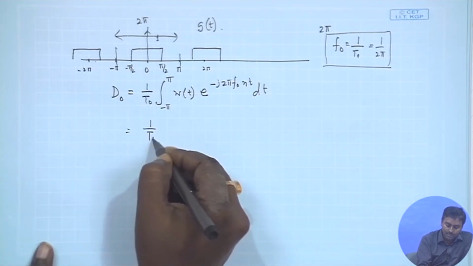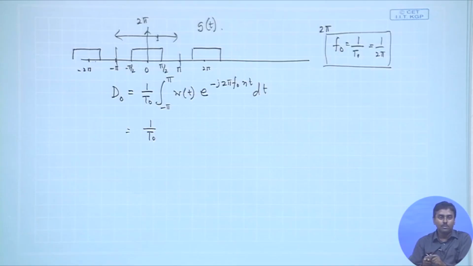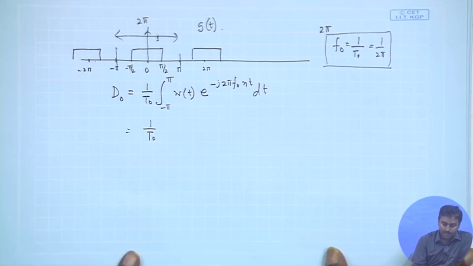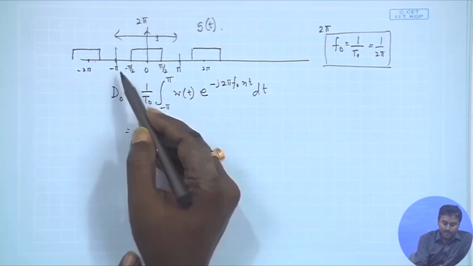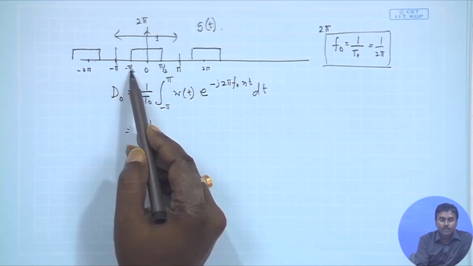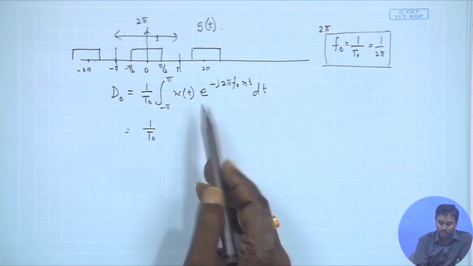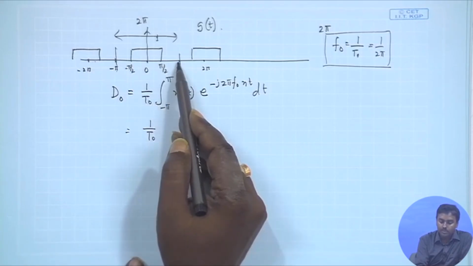Now evaluate this integration. All we have to do is evaluate this, meaning we are actually trying to evaluate the Fourier series. So if you evaluate this integration, what do we get? See, from minus pi to minus pi by 2 it is 0 actually. So whatever happens, the integration in that period will be 0, and from plus pi by 2 to pi it is 0.